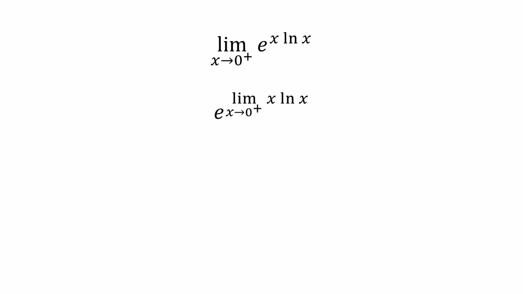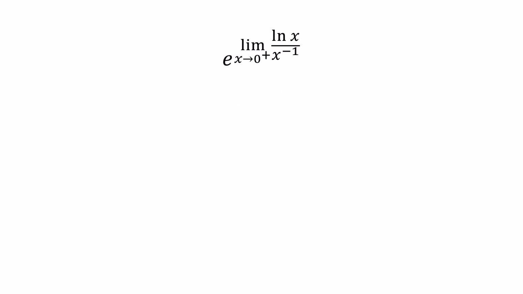Using negative exponents, this is e to the limit as x approaches 0 plus of ln of x over x to the negative 1.